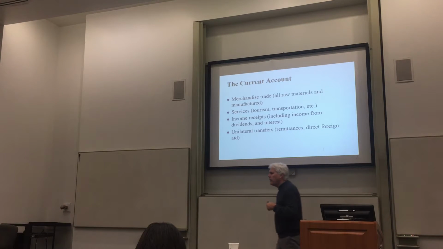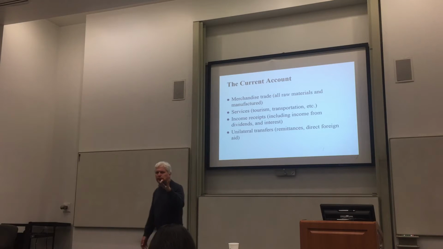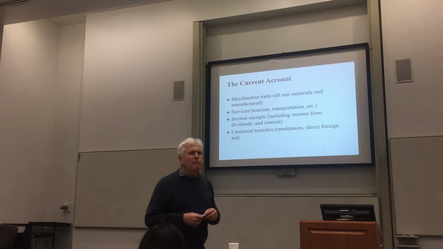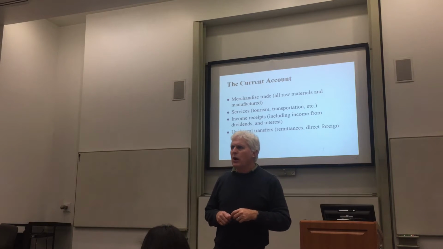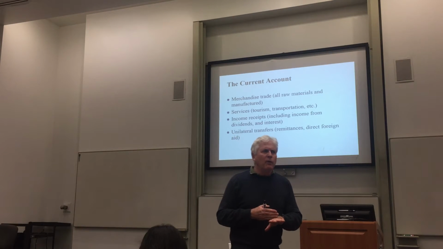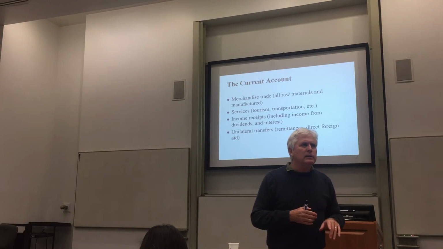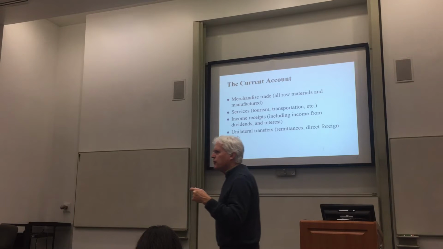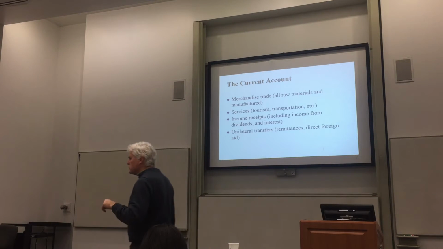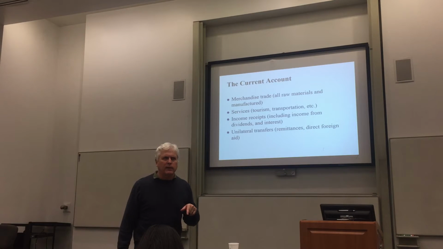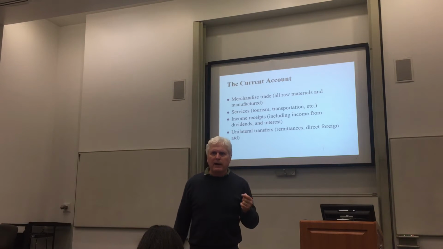Okay. Unilateral transfers, let me take a minute. These are payments for which there is no counterflow, or no tangible counterflow is a better way to put it. So the big example here is, say in the U.S., if someone works in the U.S., legally or illegally, and earns money, and they send their money back home.